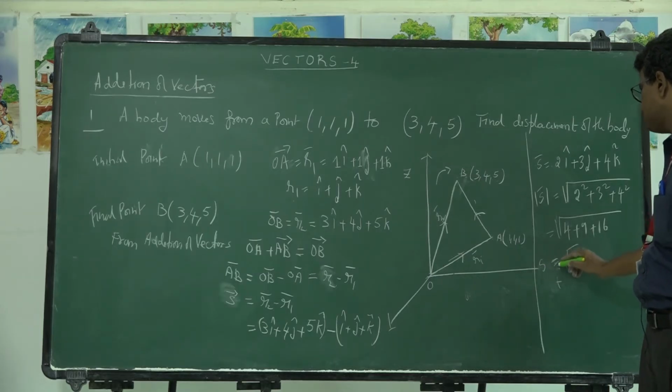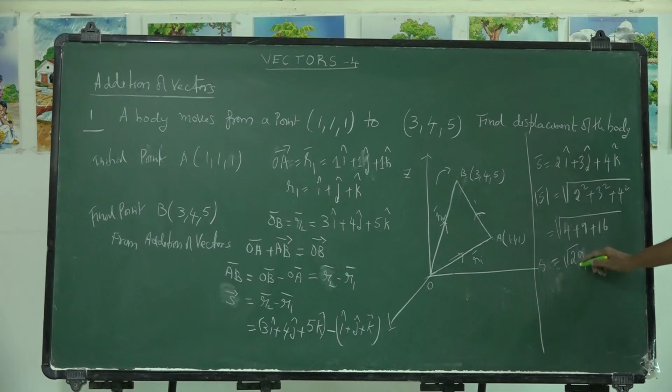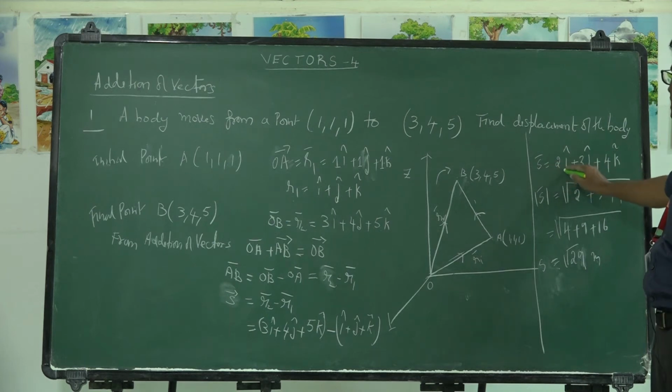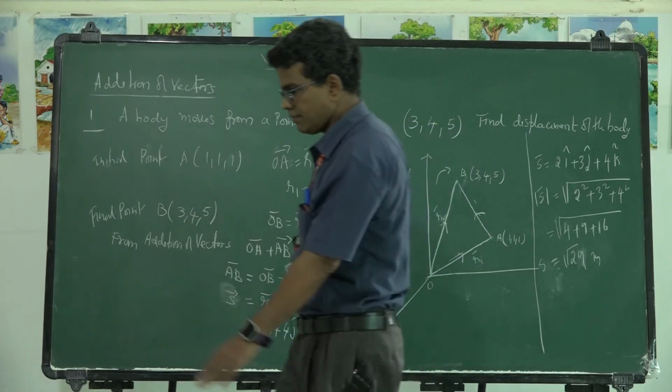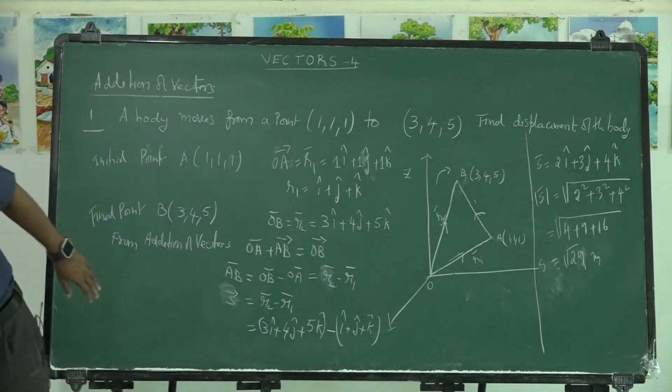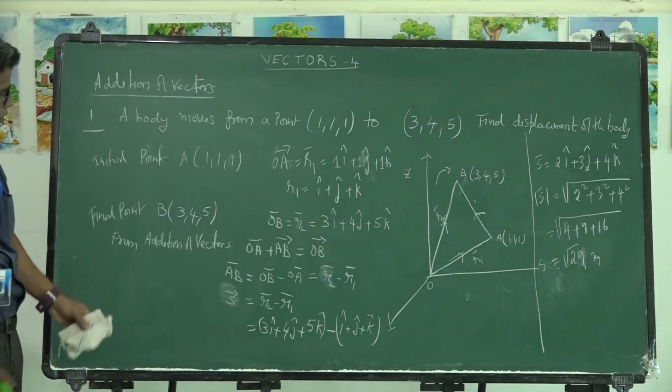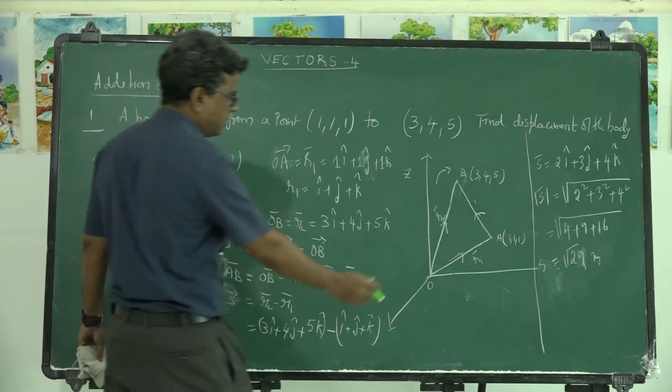So this is the displacement of the body, root 29 meters. If you want to express it as a vector, it is 2i cap plus 3j cap plus 4k cap. So we found the displacement vector.